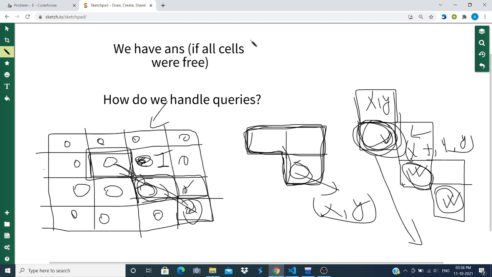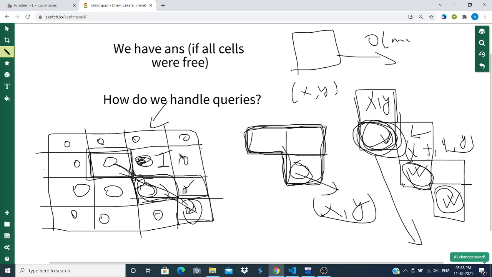And by observation, you will find that changing the value at some cell x comma y basically affects the number of staircase values in at most order of maximum of n comma n cells, right? So we only need to update the horizontal and vertical staircases in those cells, and after taking care of all the cases, you can just simply print the answer.